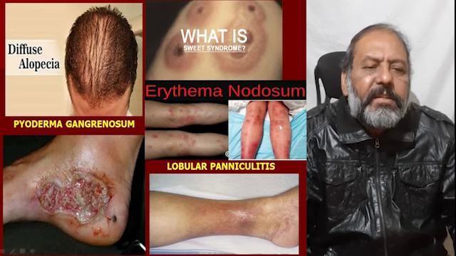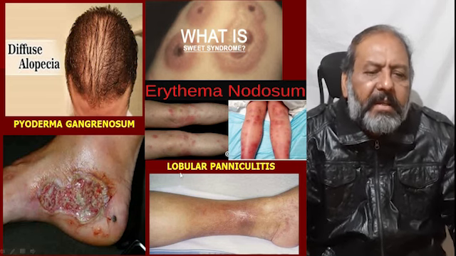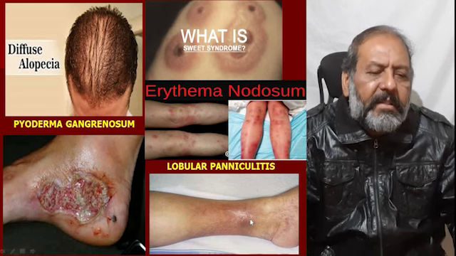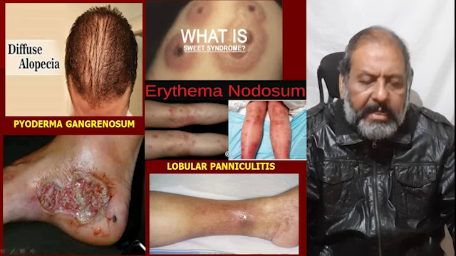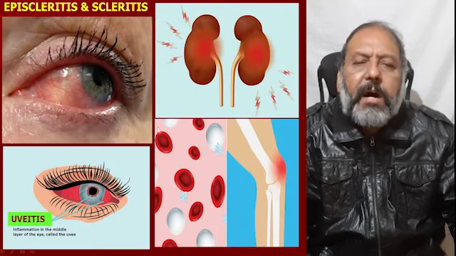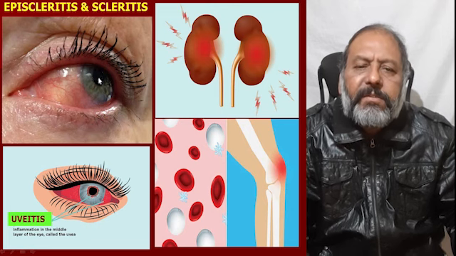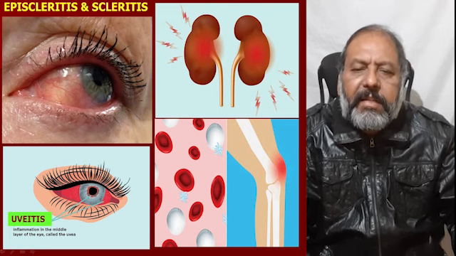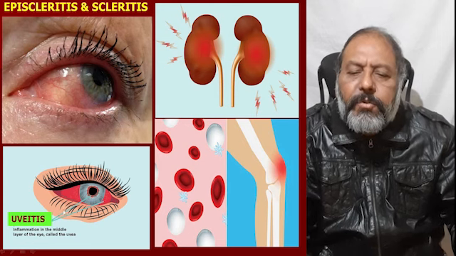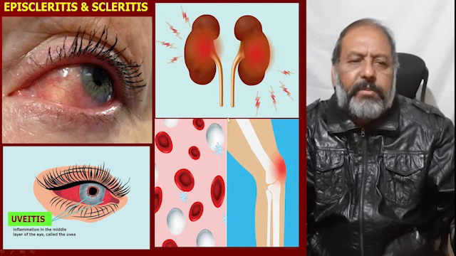Then there is erythema nodosum, as one can appreciate there, and here is lobular panniculitis, that is in the leg, one can see that is the lobular panniculitis. Now, in case of the eye, there is episcleritis and scleritis that one can appreciate here, and also there is uveitis, that is also the inflammation of the uvea.